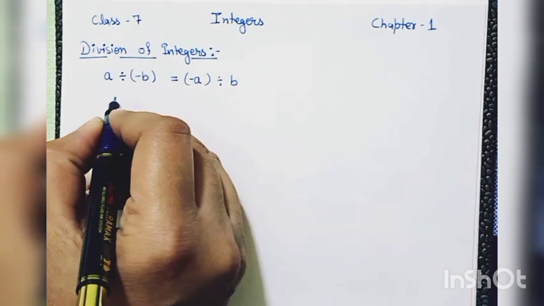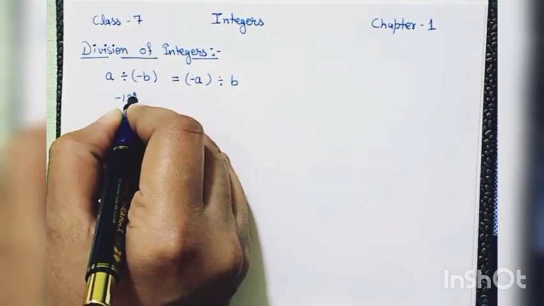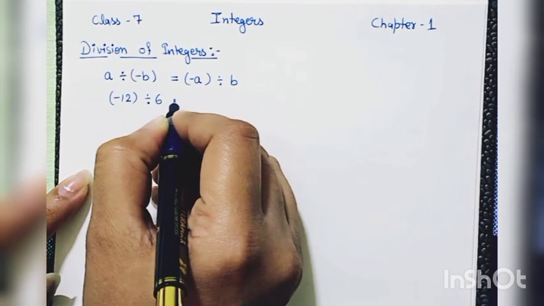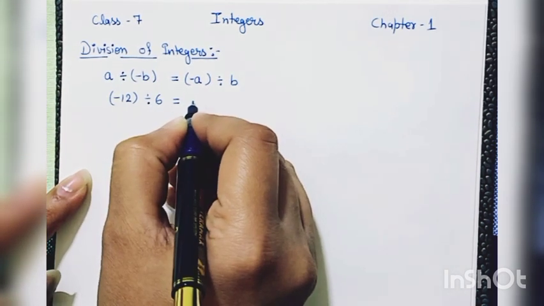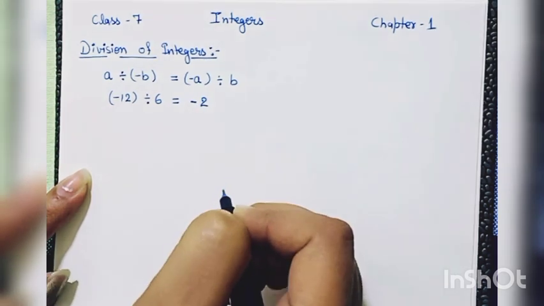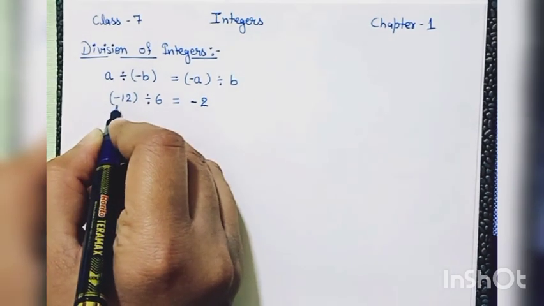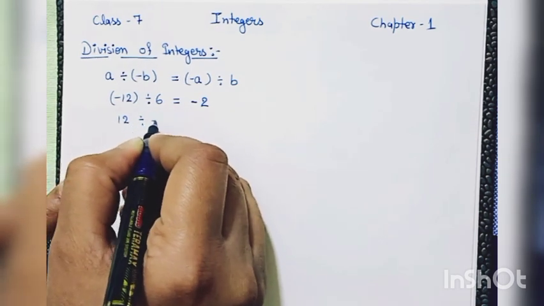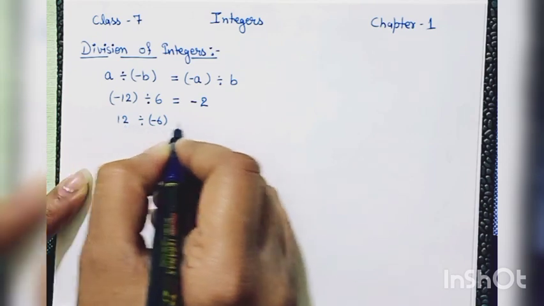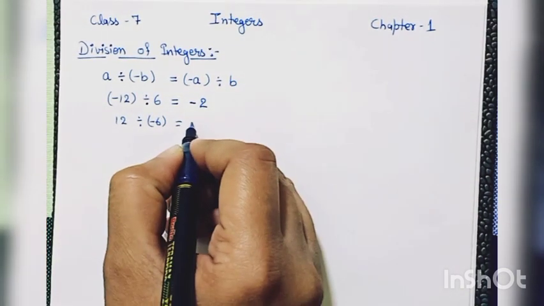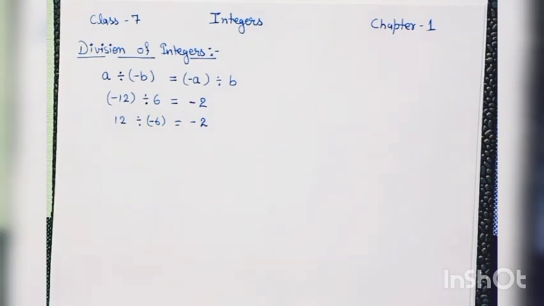So the first one is minus 12 divided by 6. We have the answer minus 2. Or if I change the sign, that is 12 divided by minus 6, on solving these particular terms we have the same answer, which is minus 2.